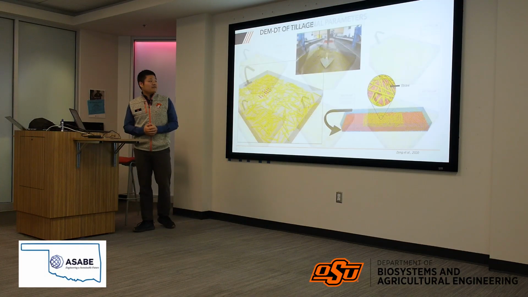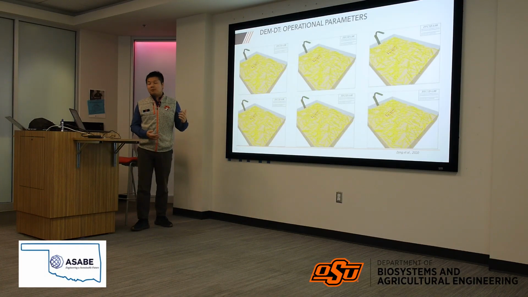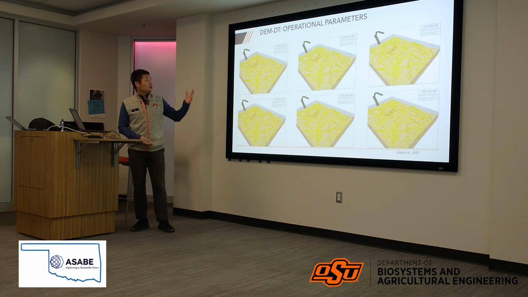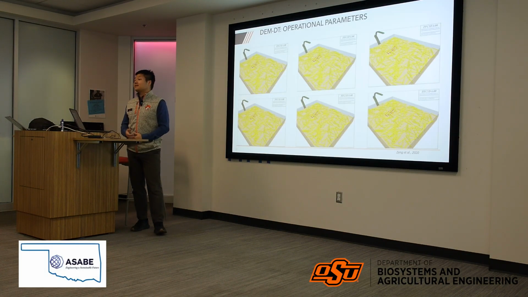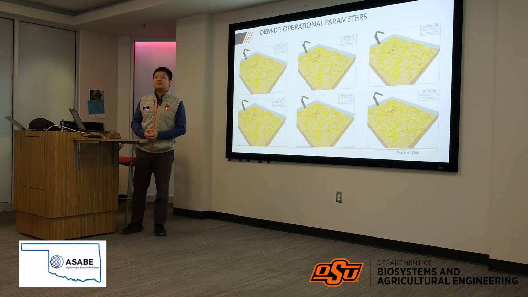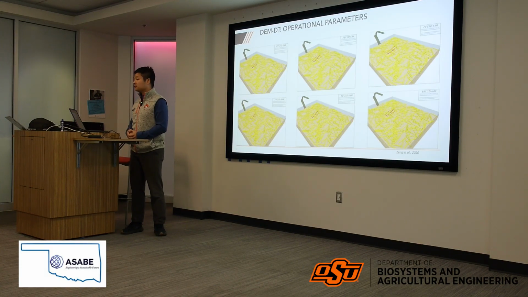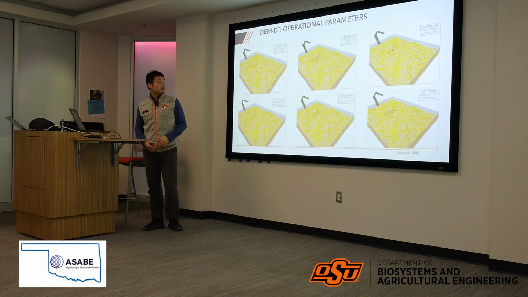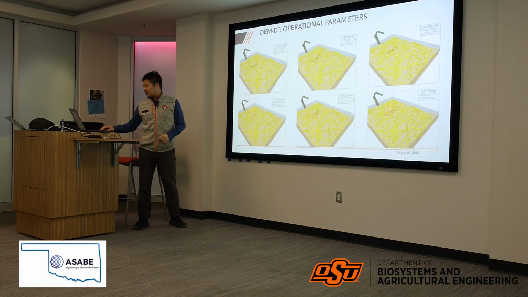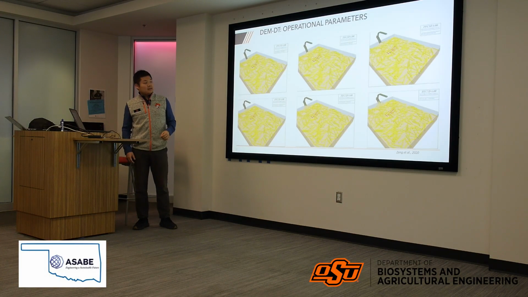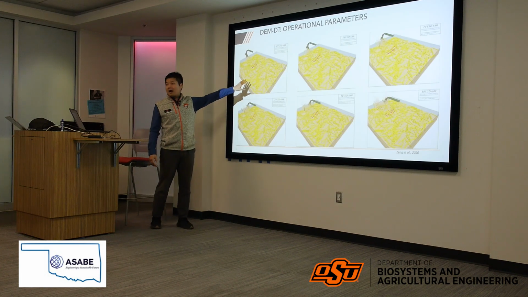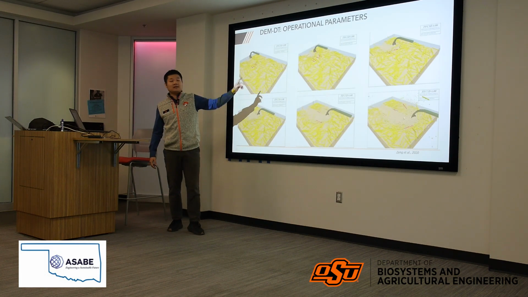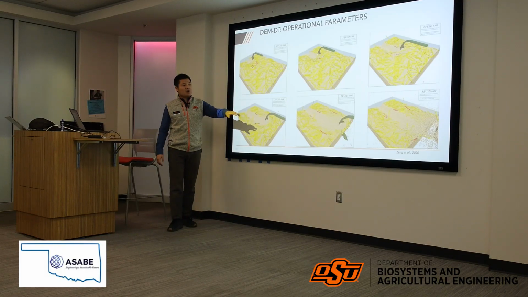So what's the purpose of developing a model like this? A couple of applications to demonstrate. The first one is, as an engineer, we want to know the impact of different operational parameters, or as a farmer, what happens if you run this tillage implement at different speeds. Here I believe I have speeds from 4 miles per hour all the way to 14 miles per hour, so 4, 6, 8, etc., from low to high.